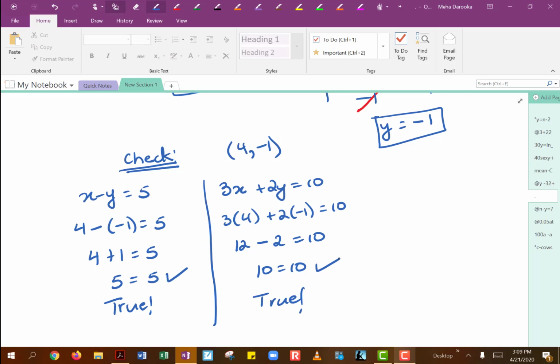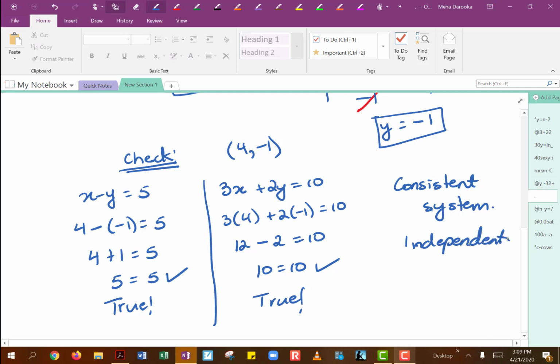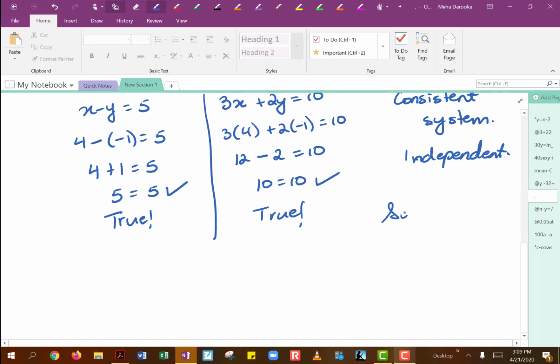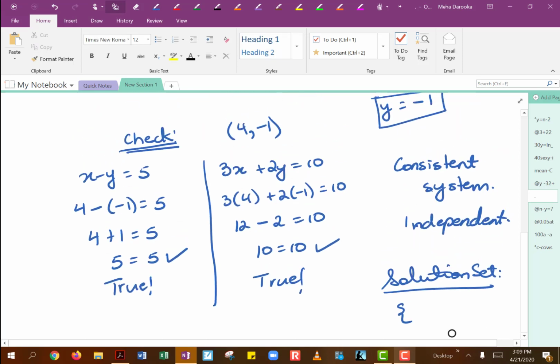So again, we know this is a consistent system. We have independent equations, and our solution set is going to be where the two lines meet. So that's the ordered pair 4, negative 1.